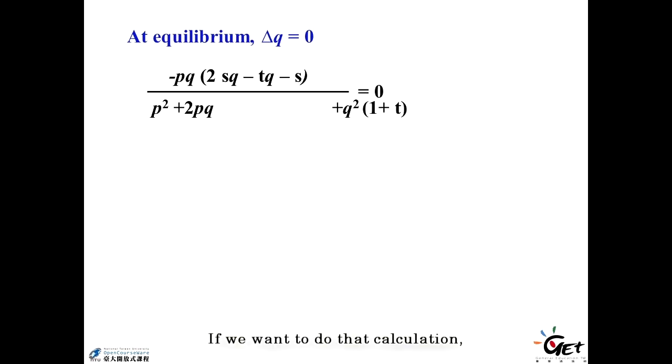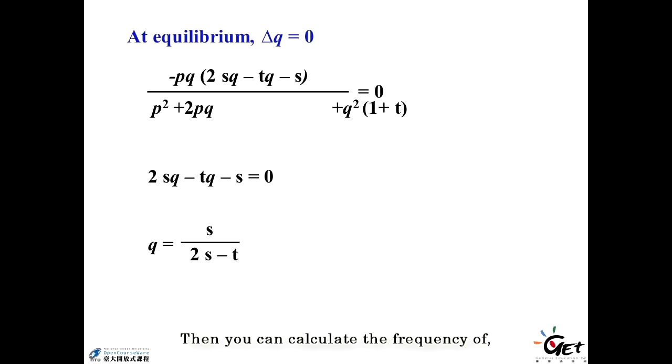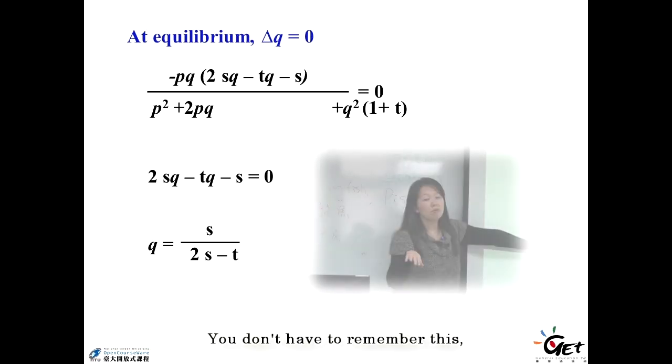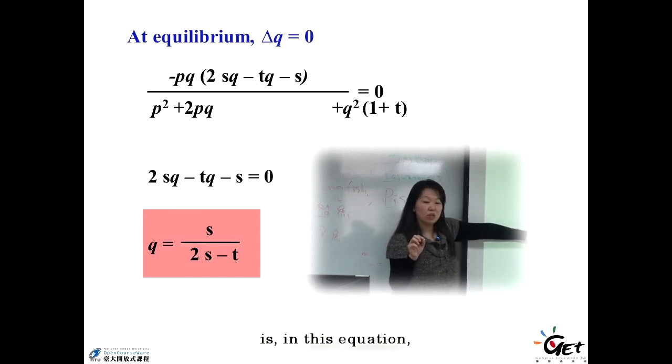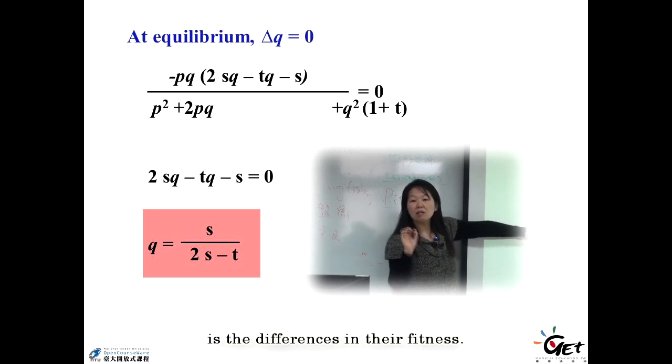If you want to do that calculation, you already know the item up there will equal 0. Then you can calculate the frequency of, in this case, A2: Q is equal to S divided by 2S minus T. You don't have to remember this, but one important thing is that in this equation you don't see P or Q. The only things that exist are the differences in fitness.